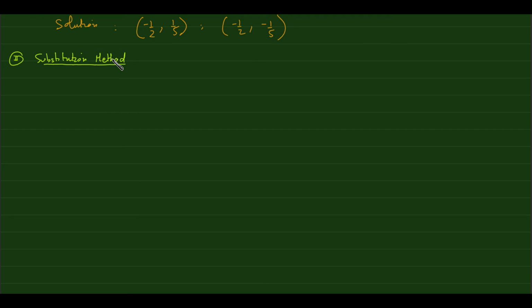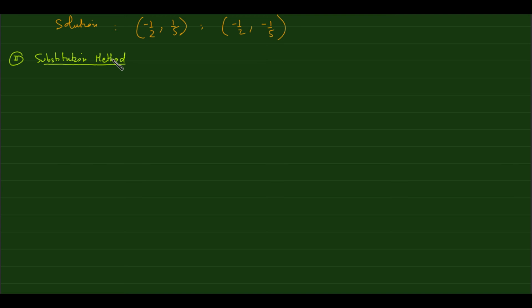The good thing is that you don't have to determine which variable you want to eliminate. All you have to do is solve one variable in terms of the other one. You pick the equation that's more convenient, the one you feel comfortable with, solve one variable in terms of the other, then you plug it back. That's what the substitution method is for.